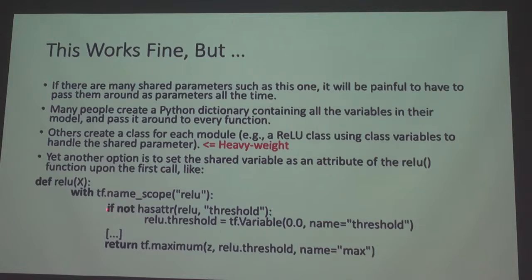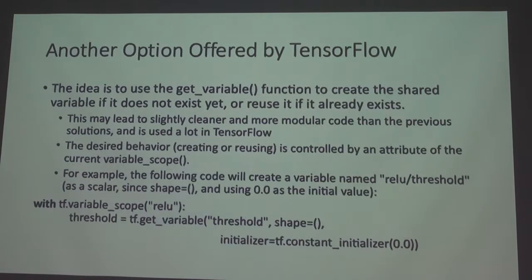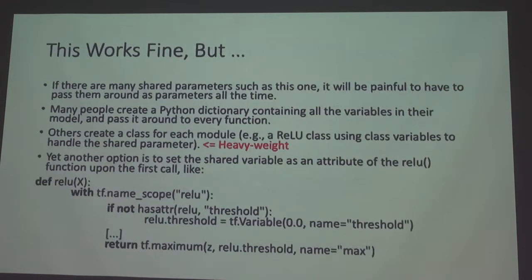If it does not have the attribute, if this attribute is not there, then you set a threshold to be some value like this, and then you use that. So this is one way.